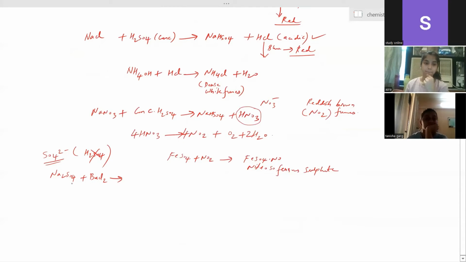So Na2SO4 plus barium chloride, what will it form? NaCl plus barium sulfate. What will be the color of barium sulfate? White PPT. Perfect. Clear? If the white PPT forms, it indicates sulfate ion.